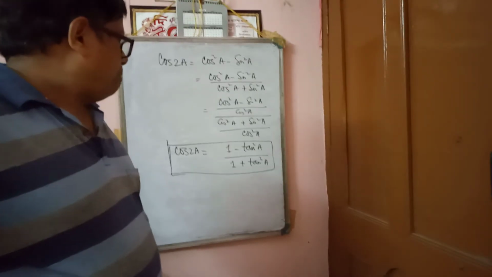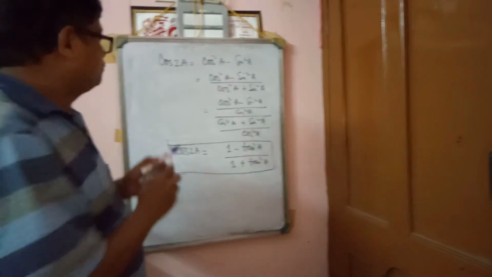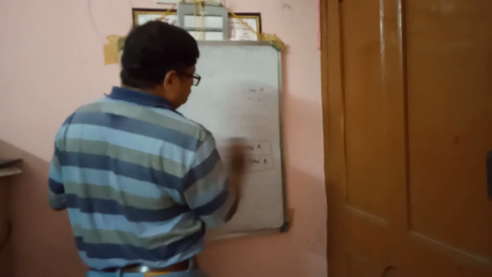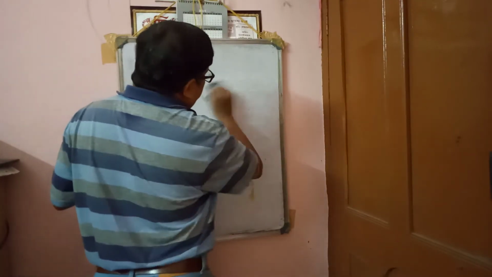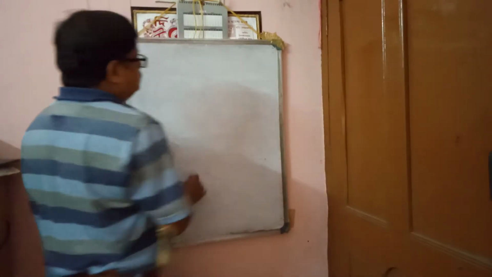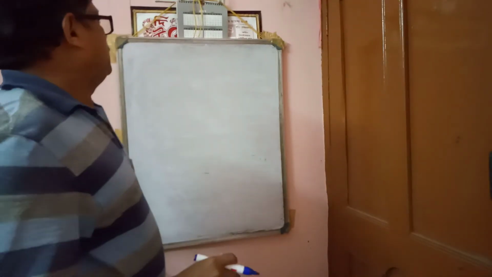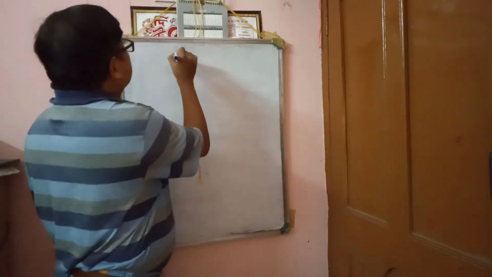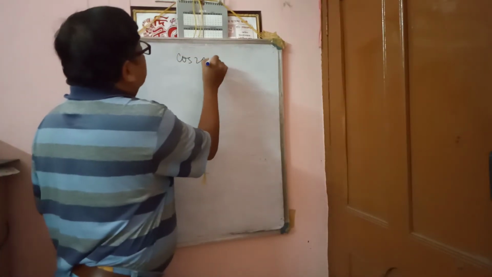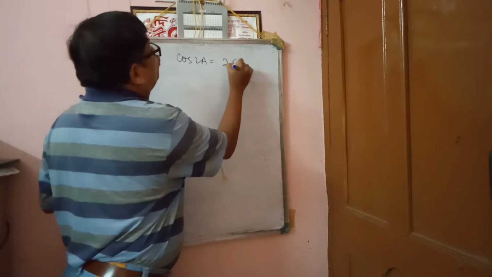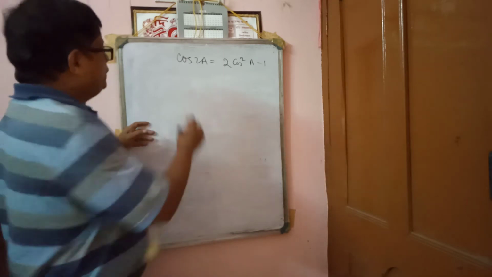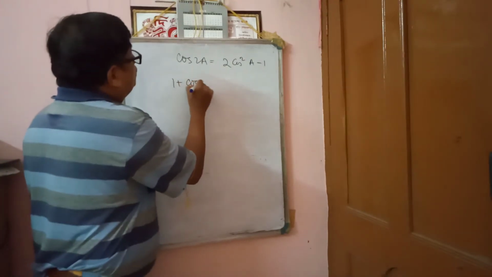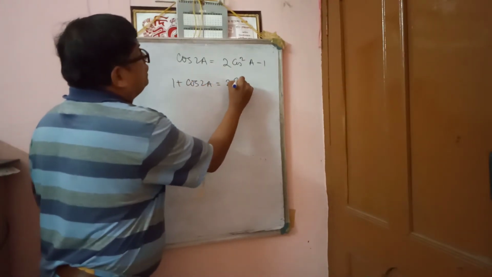Now again, we are getting cos 2a as 2 cos square a minus 1. So you take 1 to that side, and you can write 1 plus cos 2a equal to 2 cos square a.